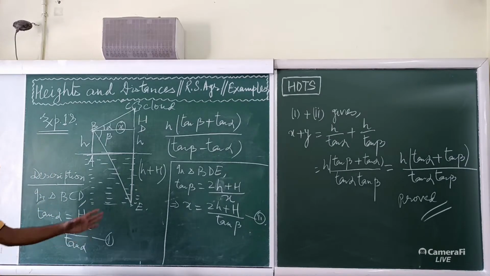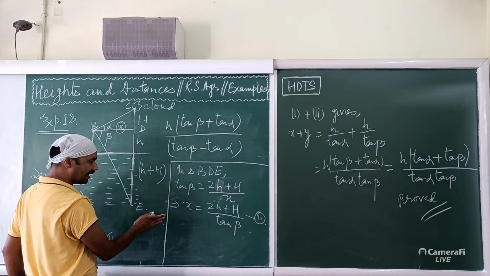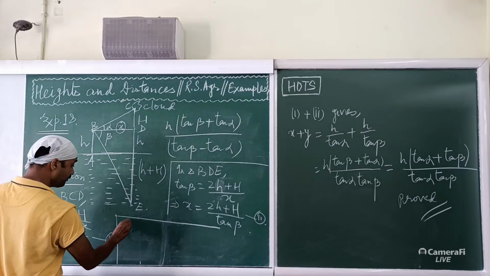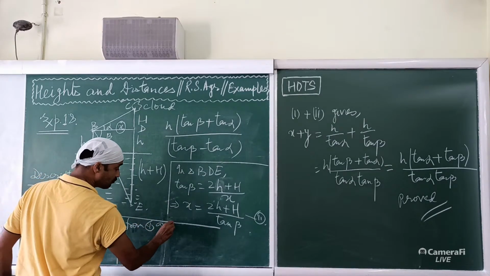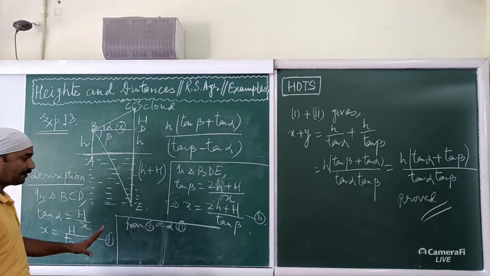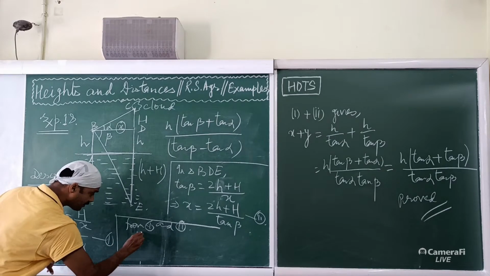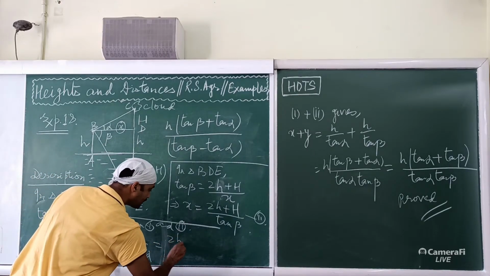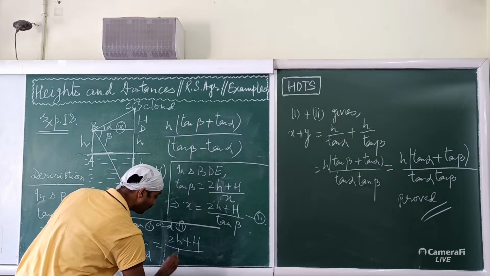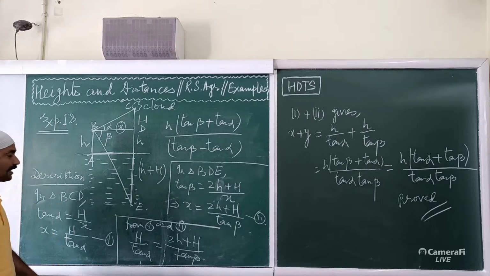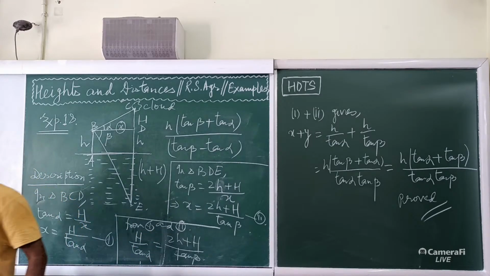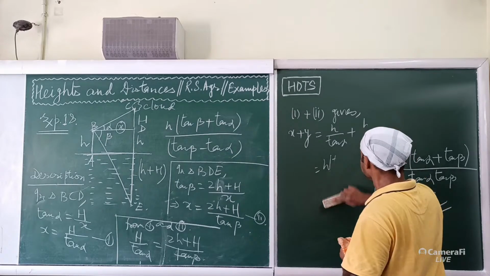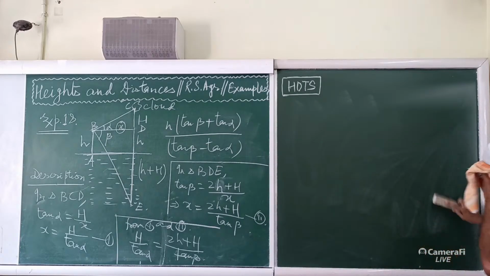This is also the value of x, so from 1 and 2 we have h by tan alpha equals (2h plus H) by tan beta. Okay, this we have got. What to do further? Just do the cross multiplication.